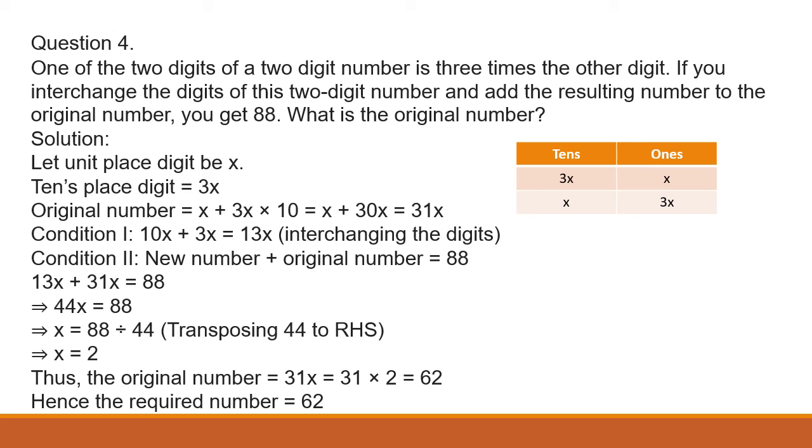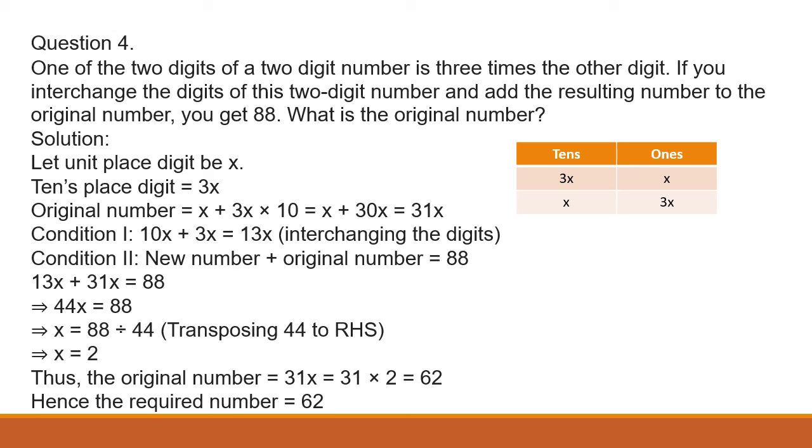Then children, see, according to the condition, after interchanging the digits, x comes to the tens place and 3x goes to the ones place. So x is in the tens place, so let us take 10x, plus 3x in the ones place, write the 3x as it is. 10x plus 3x equals 13x. This 13x is obtained after interchanging the digits.